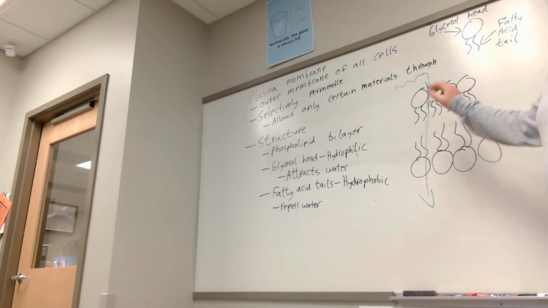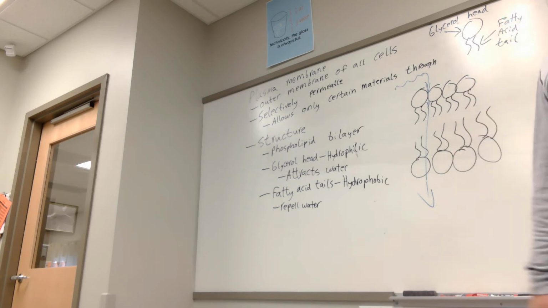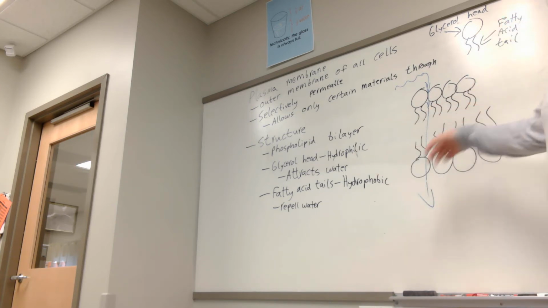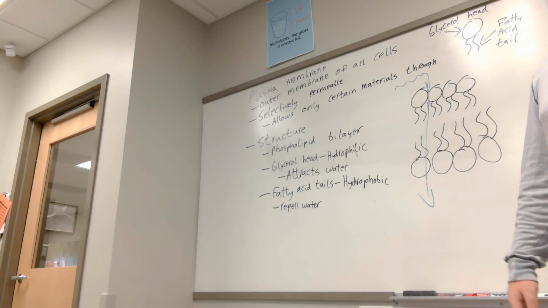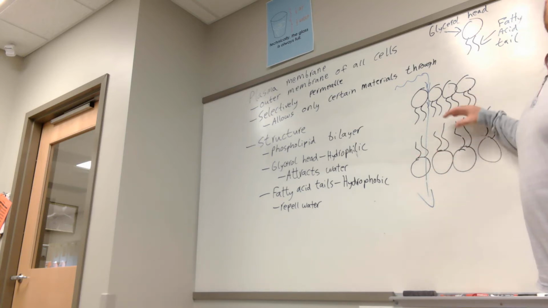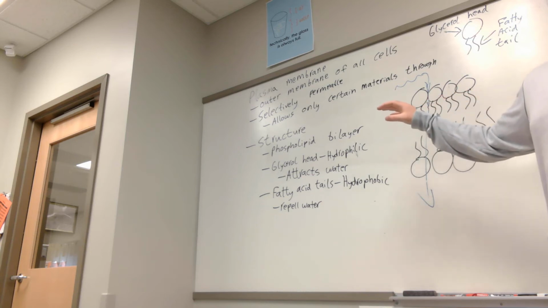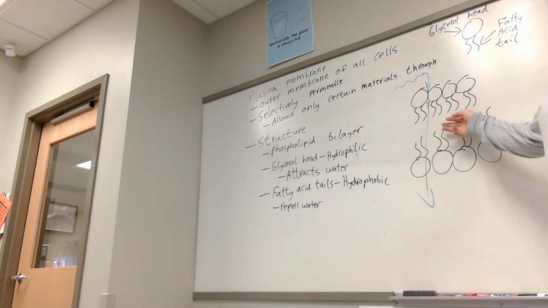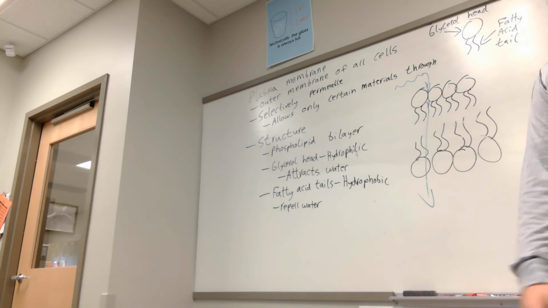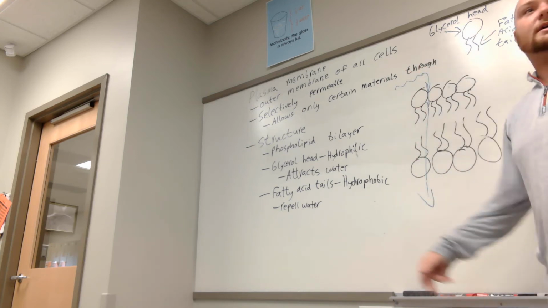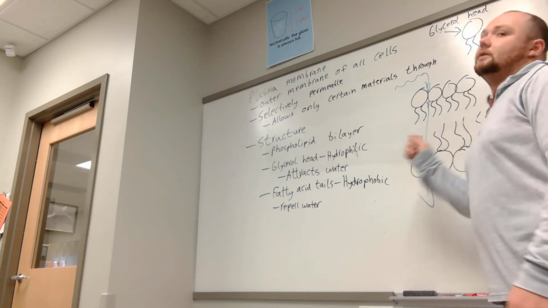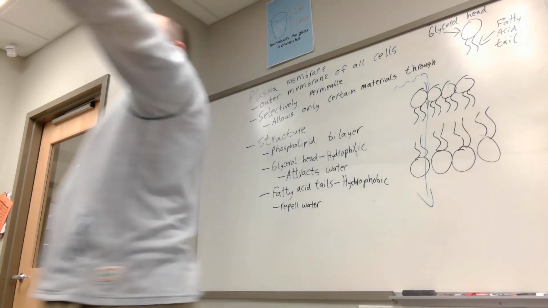The heads are a little bit stronger than the tails in terms of attraction versus repulsion in the middle. But the reason water doesn't get stuck in the middle is that the tails don't want water there and the heads like water. So once it passes through one head, it's making its way fast to the other head because the tails don't want it there. Does that make sense? Yeah. Okay.